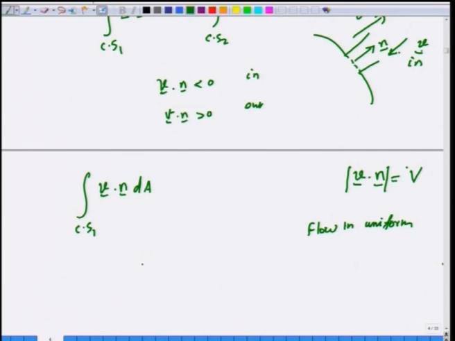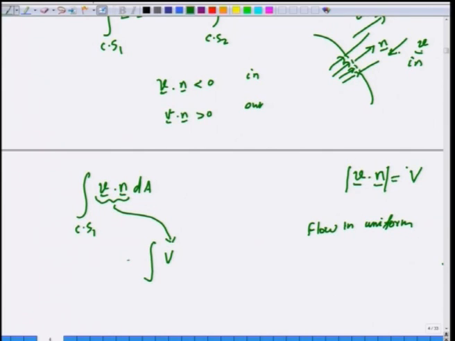Now we can choose velocity to be completely normal to the CV, either entering or leaving. We can choose our control surface such that the velocity is normal. So V dot n is the normal component of the velocity, that is V, and then there is a sign associated with it.